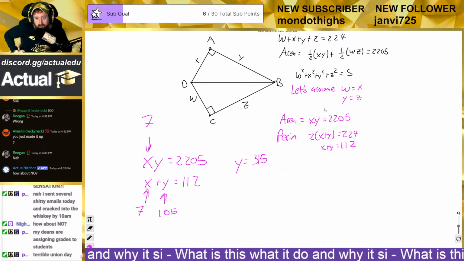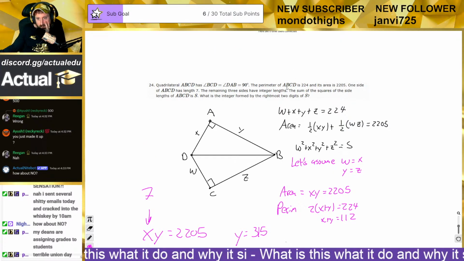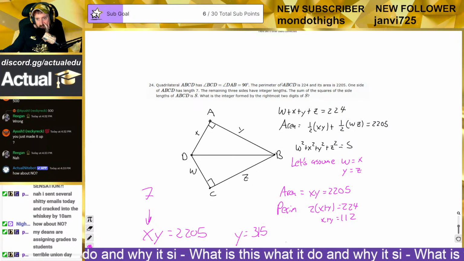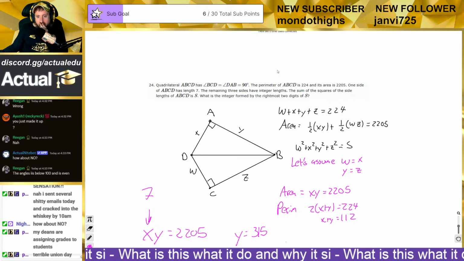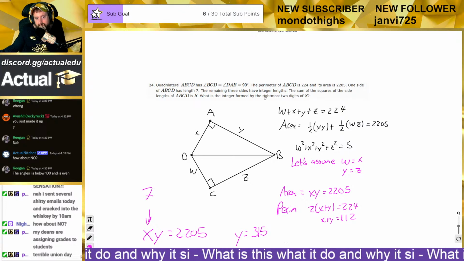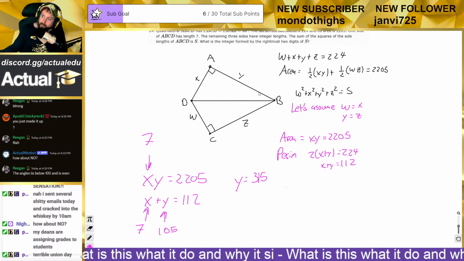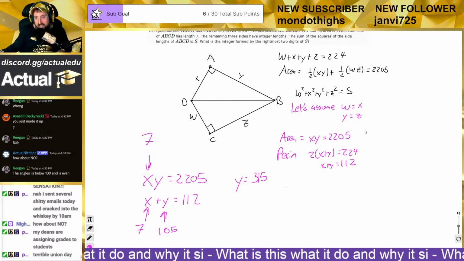Yeah, unions suck. Okay, first of all, is this perimeter really 224? Okay, so we've kind of proven something to ourselves, which is that I can't assume this.